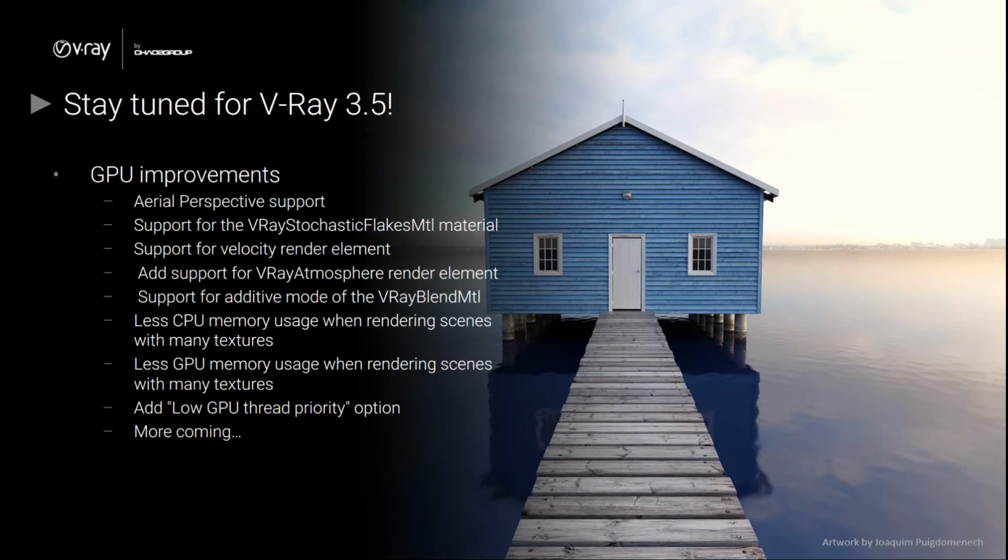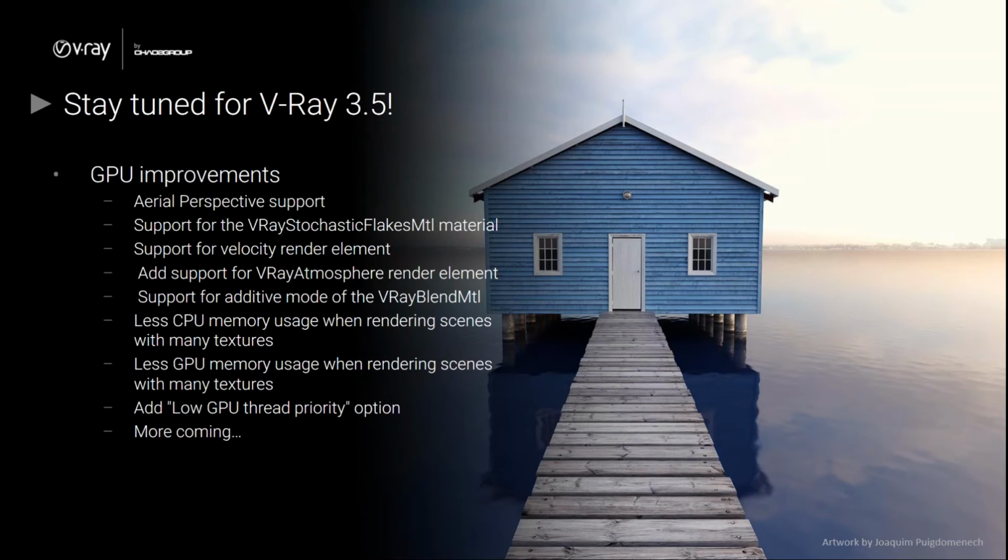And there is also this option called low GPU thread priority, which means if you have just one single graphics card in your machine and you want to use it for rendering, the viewport may get sluggish, and this is because we are telling the GPU first to render, then to show us the updates.